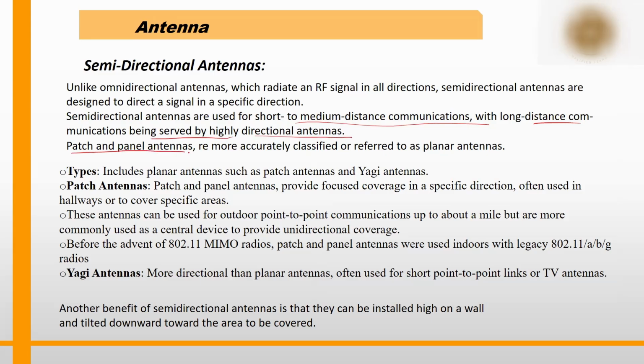Patch and panel antennas, more accurately referred to as planar antennas, include patch antennas and Yagi antennas. Patch and panel antennas provide focused coverage in a specific direction, often used in hallways or to cover specific areas. These antennas can be used for outdoor point-to-point communication, that is, one antenna communicating with another antenna.